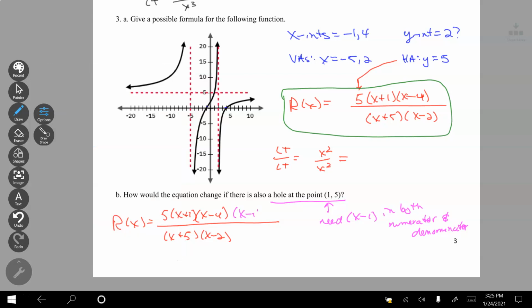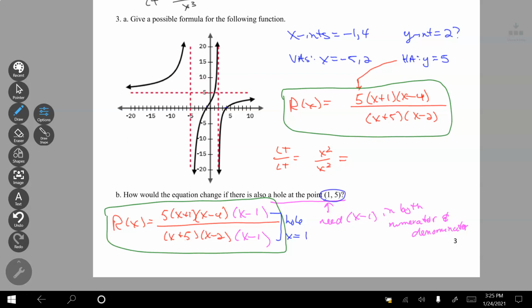This x minus 1. And this x minus 1. Because the x minus 1 in the numerator and denominator is what is causing there to be a hole in the graph at x equals 1. And that's what I wanted, a hole at x equals 1.